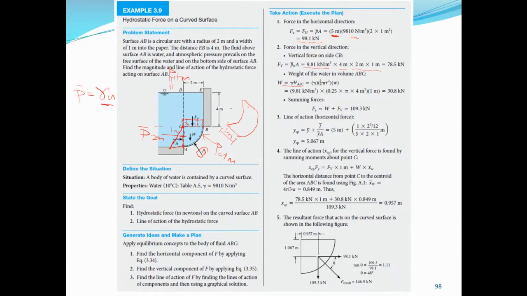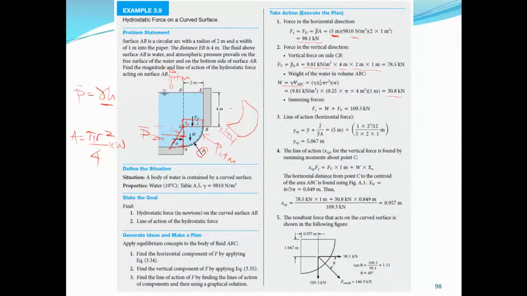The area of a circle is pi r squared, and this arc forms 1/4 of a circle, so the area will be 1/4 of that. Then for the volume we multiply by the width. That is how we obtain this. This gives the weight of the fluid element acting on BCH.